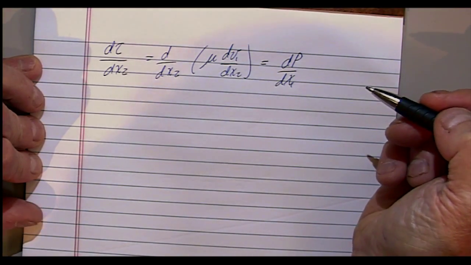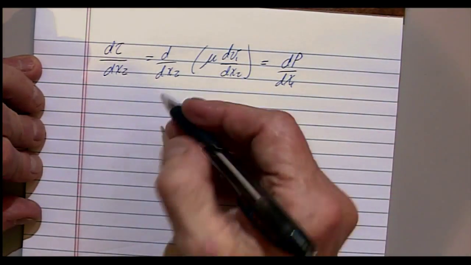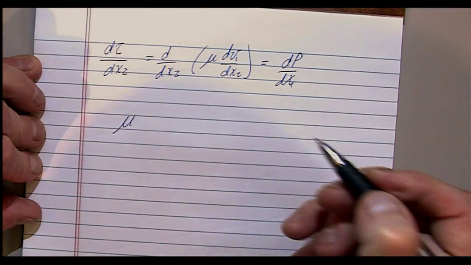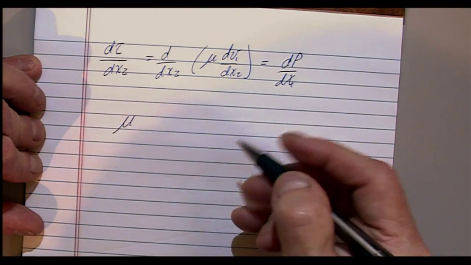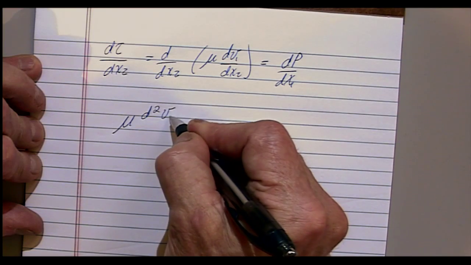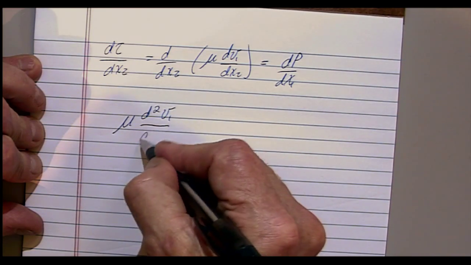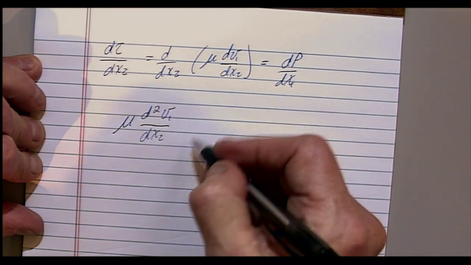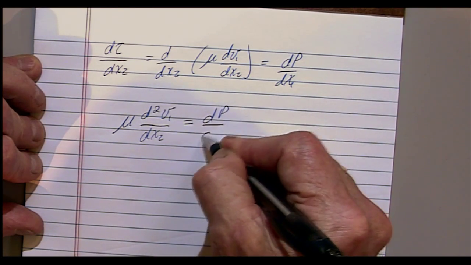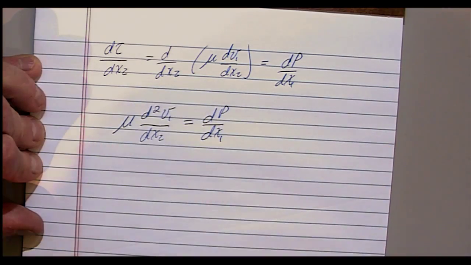So now what we'd like to do is to integrate this expression. So let me take the latter two parts, and we'll write it as, take out the viscosity, it's constant, so it can come out of the derivative, times the second derivative of the velocity in the one direction with respect to x2 is just equal to the pressure gradient dp dx1.